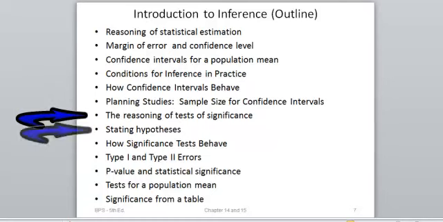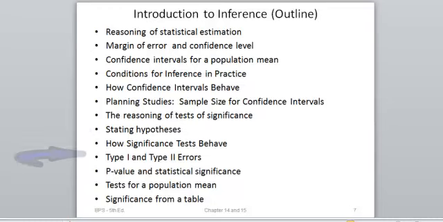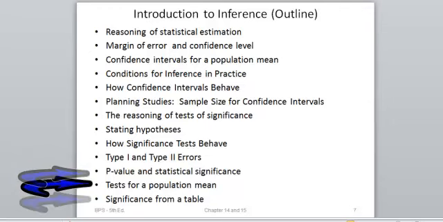We're going to learn about how to state hypotheses, how significance tests behave, and remember, significance tests are nothing more than hypothesis tests. Type 1 and Type 2 errors, what are they? P-value and statistical significance, tests for a population mean, and significance from a table.